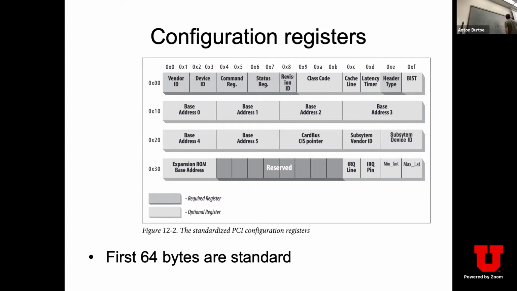Maybe we just ask them, what kind of device do you support? And maybe as part of this query, they say, I support a specific device ID for a specific vendor ID, right? Each of them will report this number. And Linux does it in a slightly different way. I'll explain it in a second.